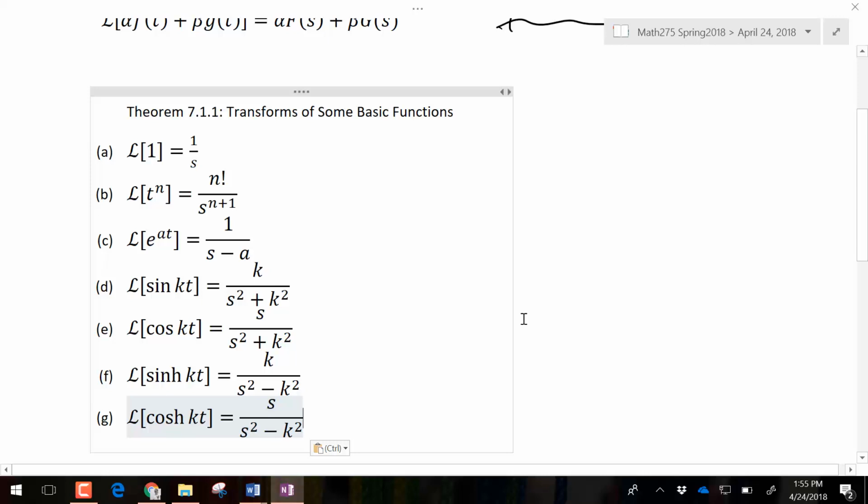We have the sine and cosine. We even have the hyperbolic functions here. These hyperbolic functions are really just a combination of a bunch of exponential functions put together. So I don't expect you to memorize this, but it would be good to derive one other one on your own by hand, and then you can check your work to see if you did it correctly. All right?